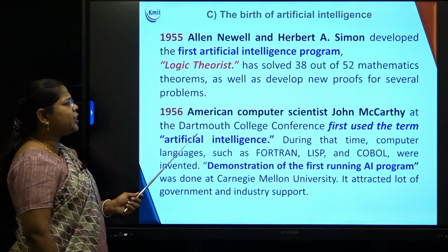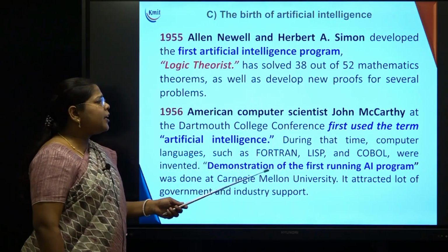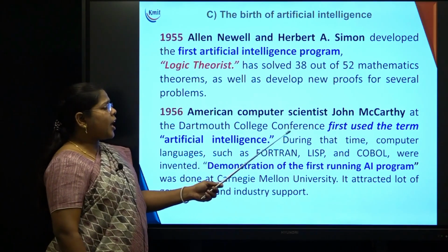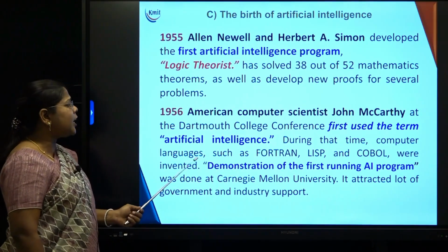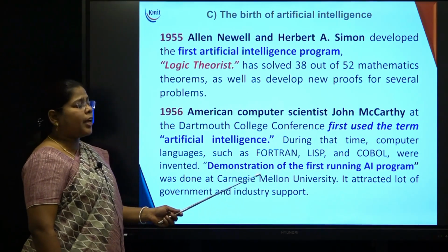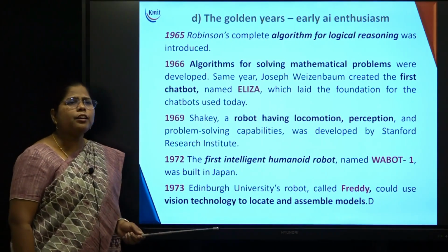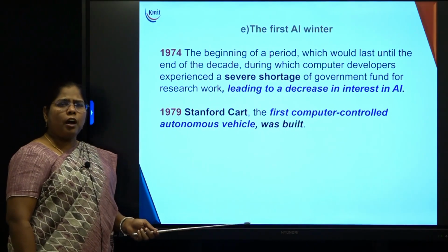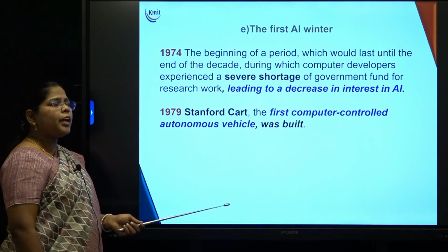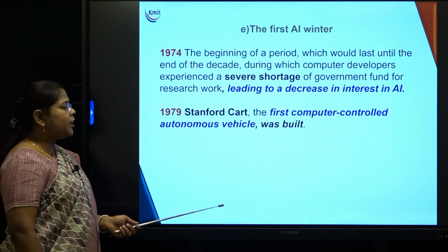Later in 1956, a computer scientist, McCarthy, defined artificial intelligence as a demonstration of the first running AI program, which created solutions for different missions to learn, so that they gained many government and industry backers.